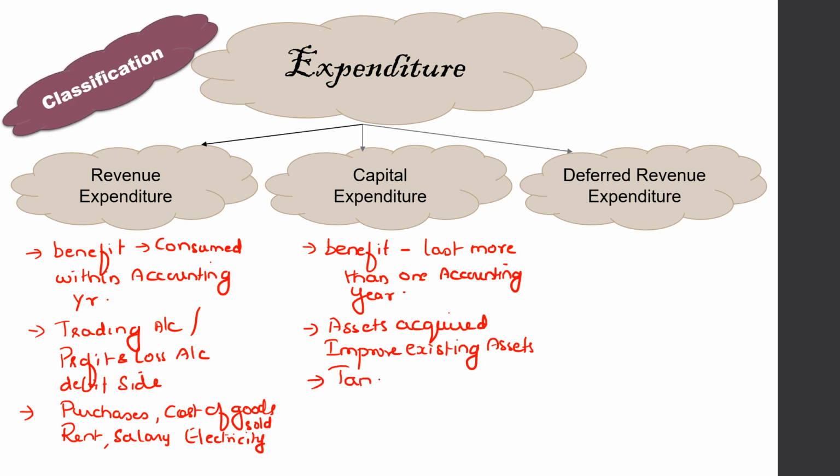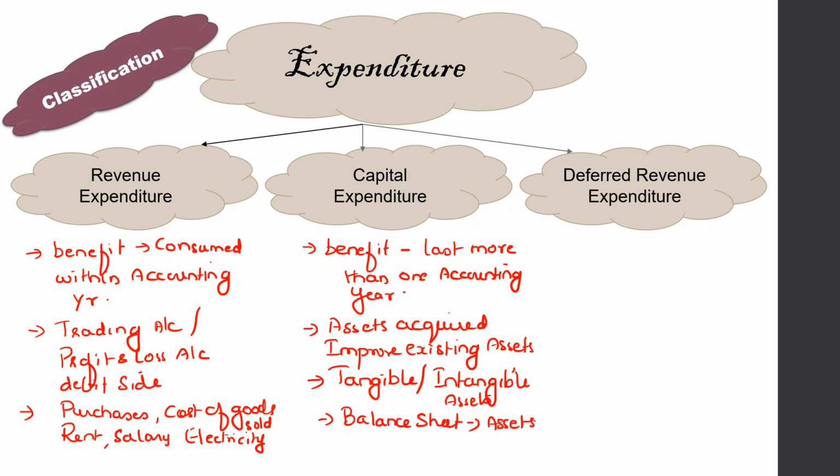So basically, when you are spending money in acquiring tangible or intangible assets, then those items of expenditure are classified under capital expenditure. Now, where does it appear? You would show these items of capital expenditure in the balance sheet of the business on the asset side.